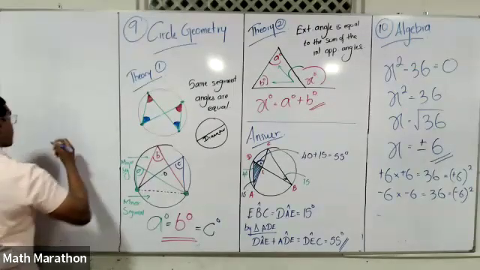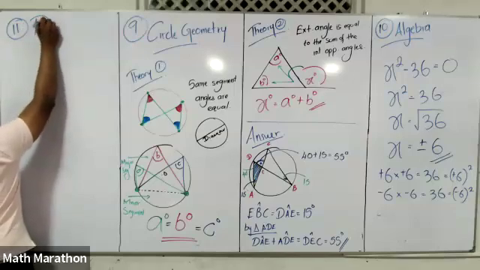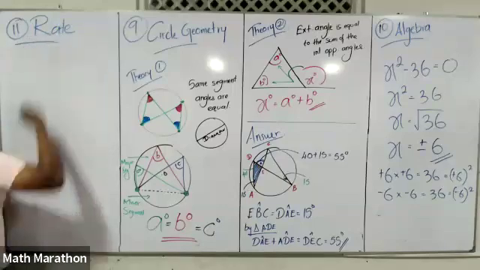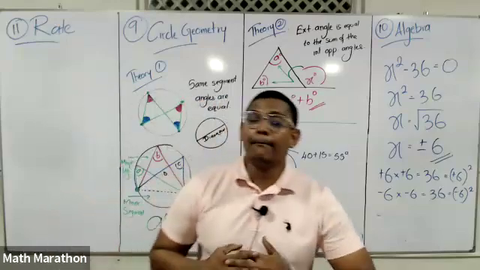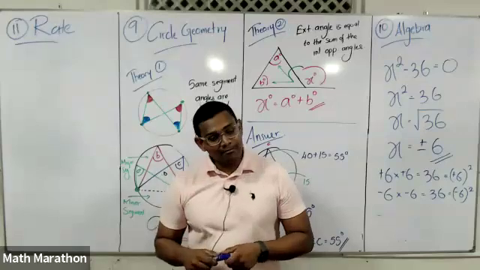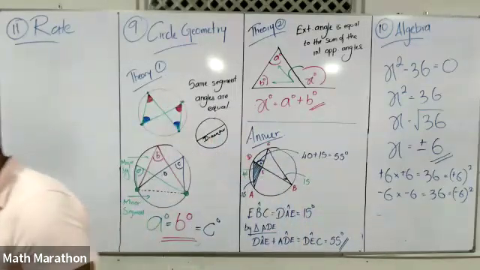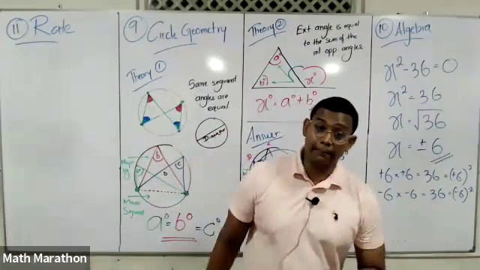Number 11 is on rate. Everything around you is rate. You are measuring everything with time. Your lifetime is a rate.